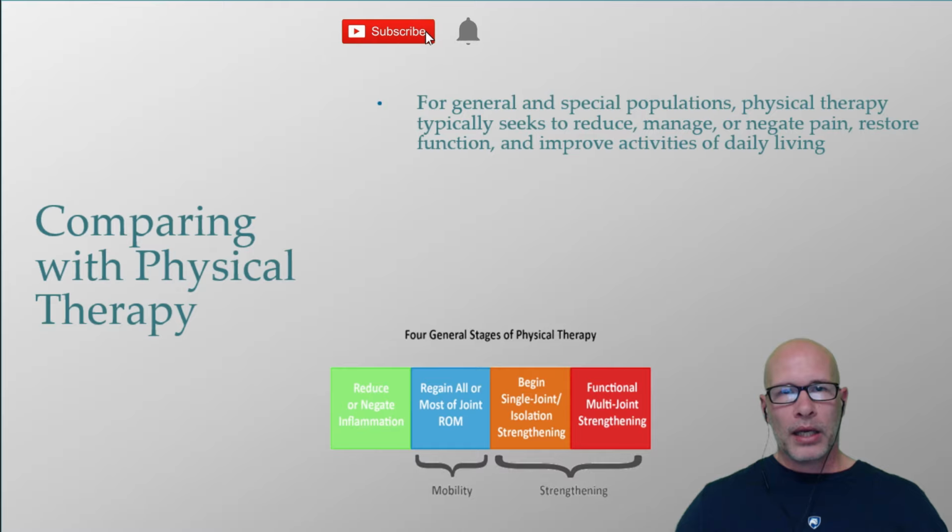It does not apply in every situation. But generally speaking, physical therapy typically seeks to reduce, manage, or negate pain, restore function, and improve activities of daily living. Now, once again, the population in this video and really all my videos is the general population and not athletes. So this applies to physical therapy for much of the general population, but there are definitely outliers.